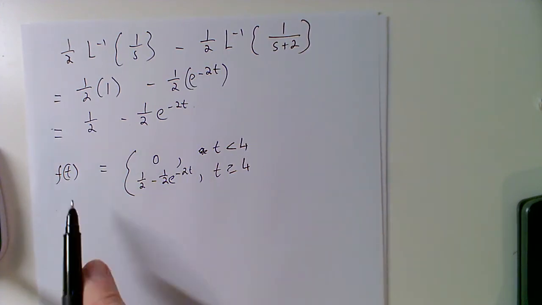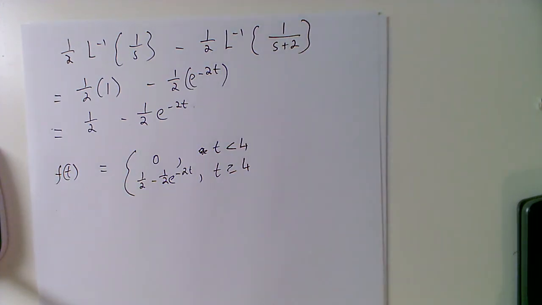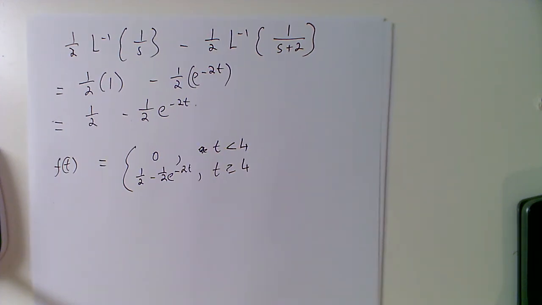So nothing happens all the way up to 4, and then this function happens at 4. So these Dirac delta functions are a really good way of modelling something that isn't on at all and then turns on at a specific time.